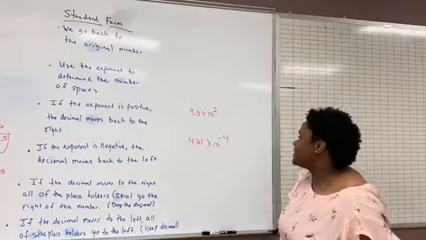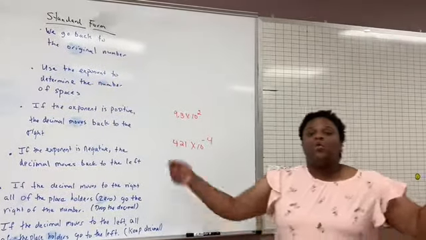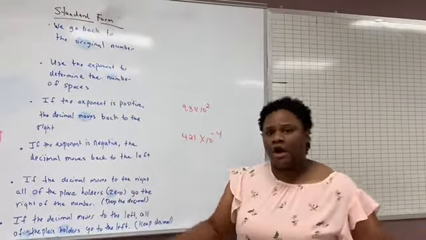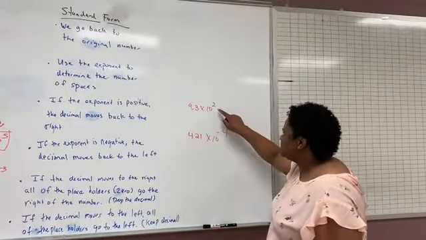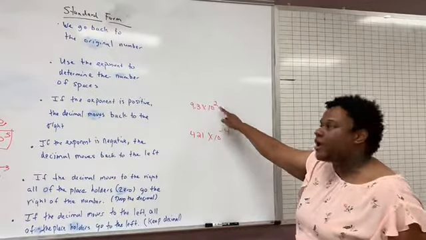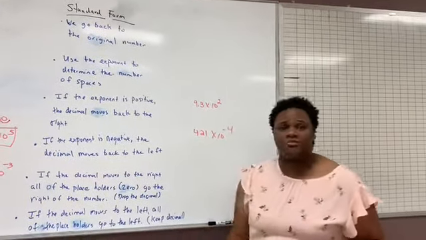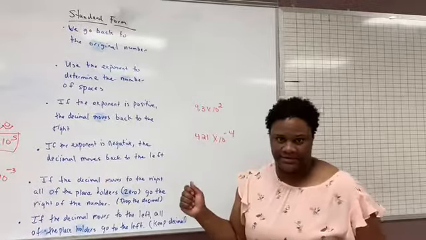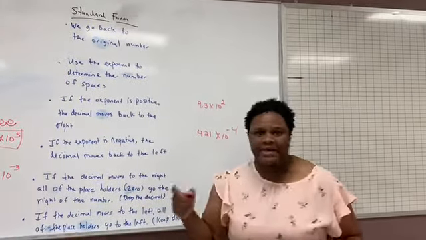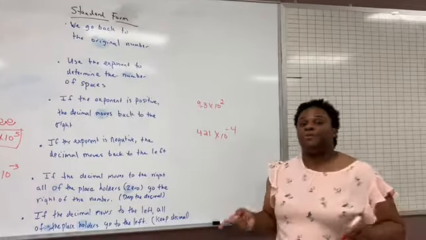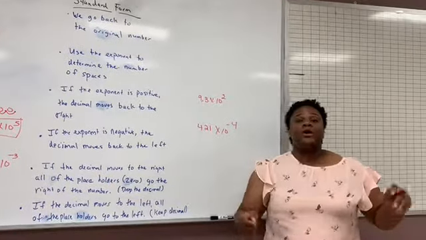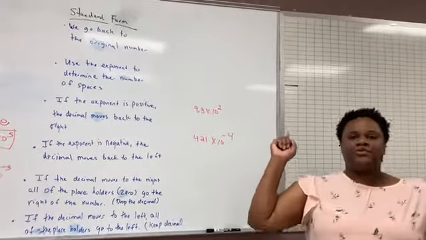The exponent also tells us which way we're going to go. So if the exponent is positive, we're going to move the decimal back to the right. If the exponent is negative, we're going to move the decimal back to the left.